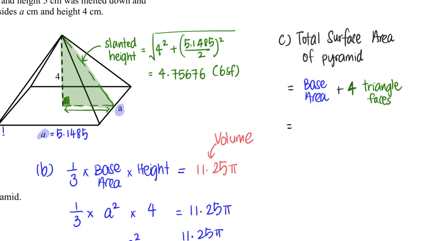So the square is pretty straightforward. The square would be 5.1485 square.